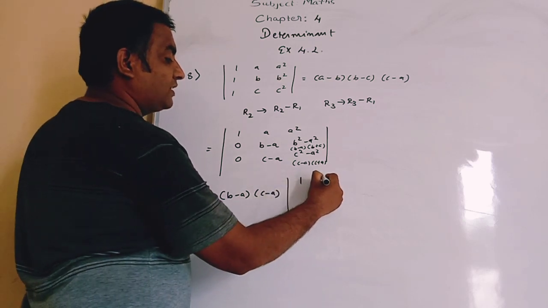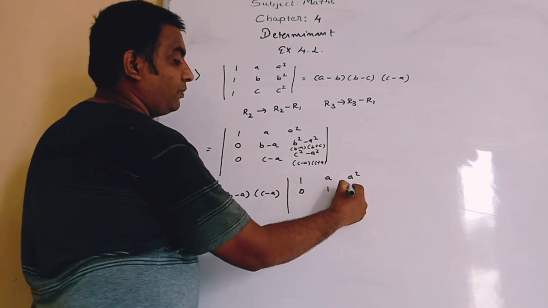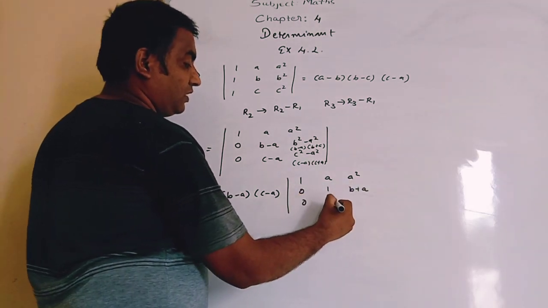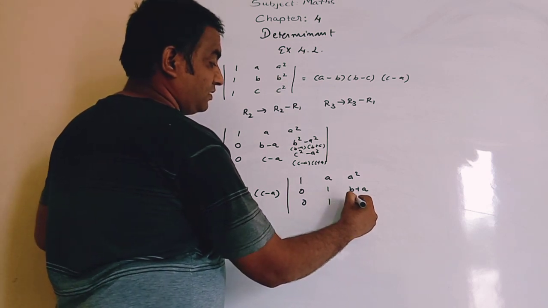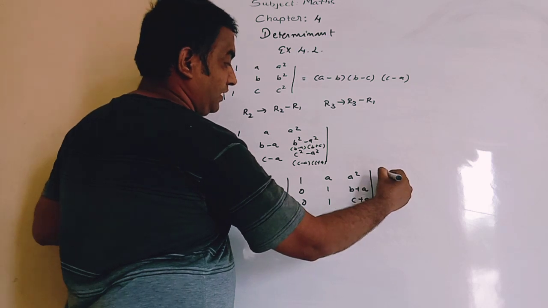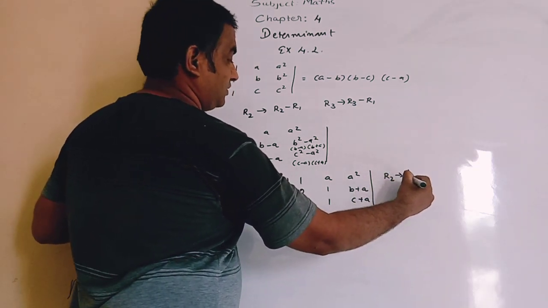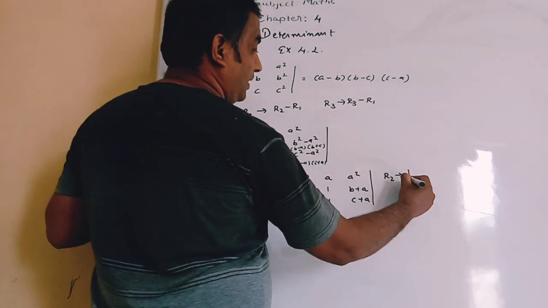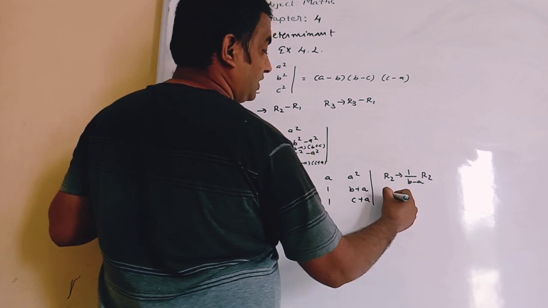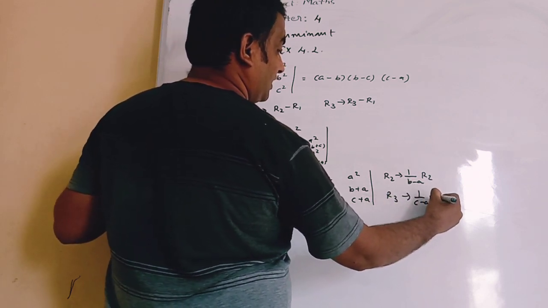Then we have the determinant 1, a, a square; 0, 1, b plus a; and 0, 1, c plus a. Here we have applied R2 transform into 1 by b minus a R2 and R3 transform into 1 by c minus a R3.